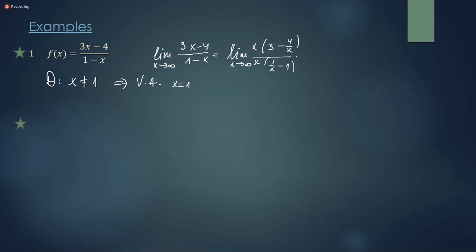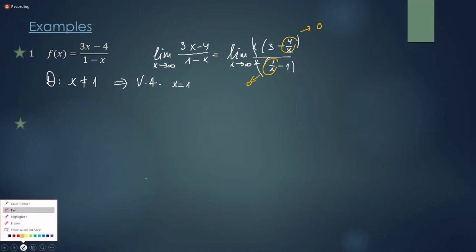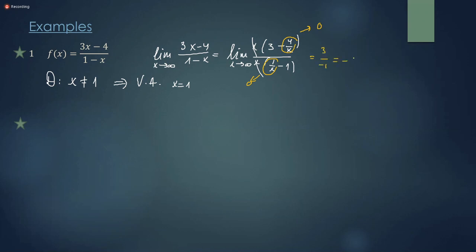And so when x tends to infinity, number divided by x, number divided by x, they both tend to 0, of course. So the limit of the function is 3 over minus 1. That's minus 3. So we have the horizontal asymptote, y is negative 3.